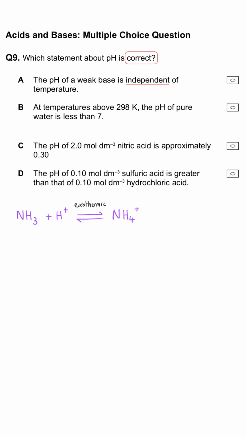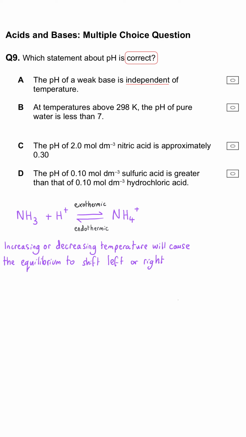And then when the conjugate acid falls apart and remakes that weak base, this is a dissociation, so that will be endothermic. And so that means that if we increase or decrease the temperature, the equilibrium will shift in the endothermic or exothermic direction to compensate for that. So A is not correct.